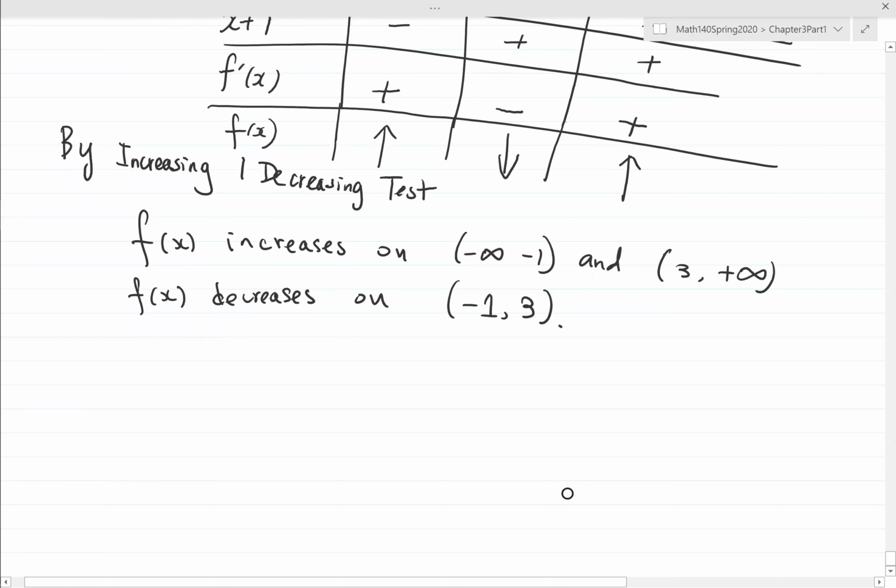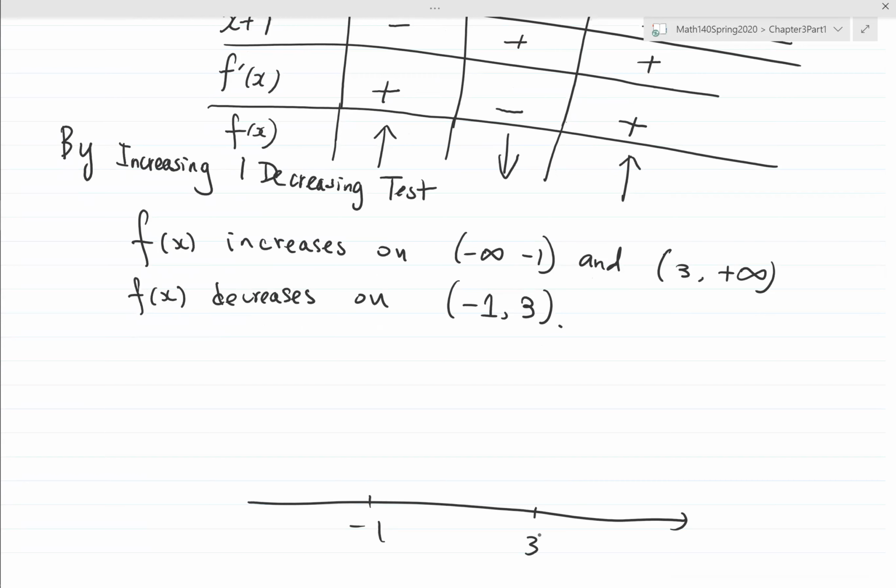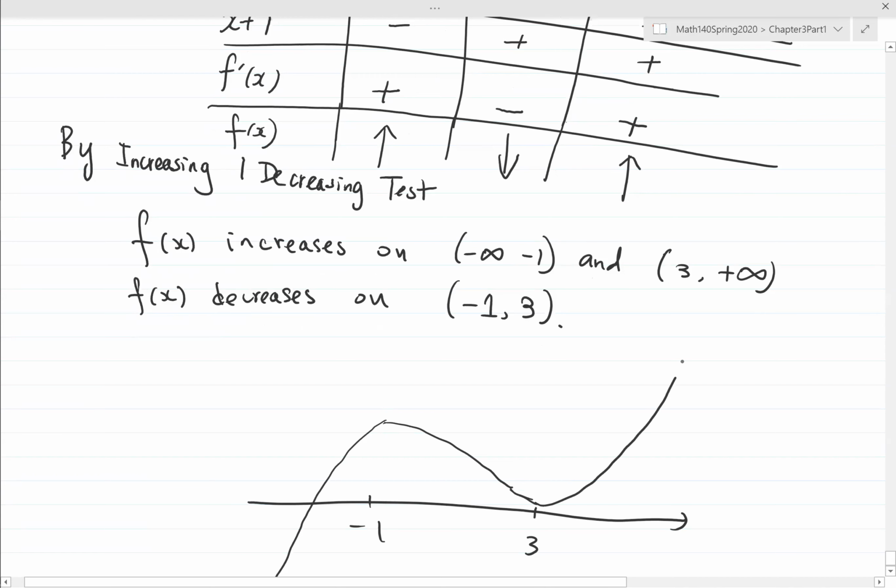It's increasing from negative infinity to negative 1, then decreasing from negative 1 to 3, and again increasing from 3 to infinity.